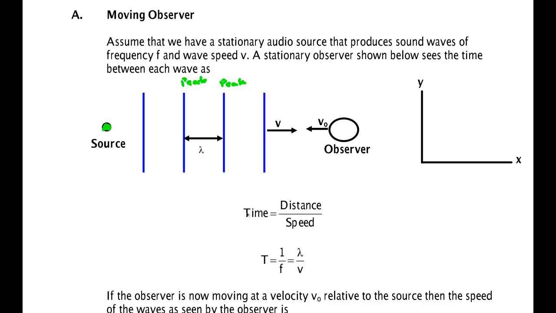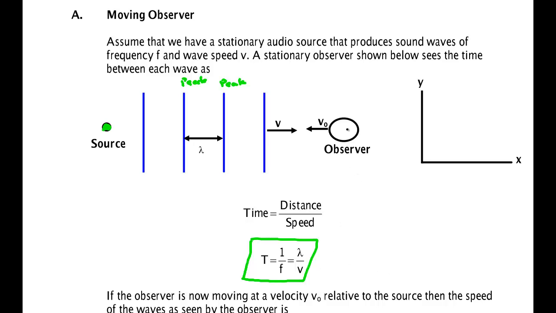What he would find is that the time would depend on the distance between these peaks, that is the wavelength, divided by the speed. And 1 over that time is called the frequency. So if the observer was not moving, this would be the time it would take for the peaks to hit them. And 1 over that, or v over lambda, would be the number of waves that would hit them.